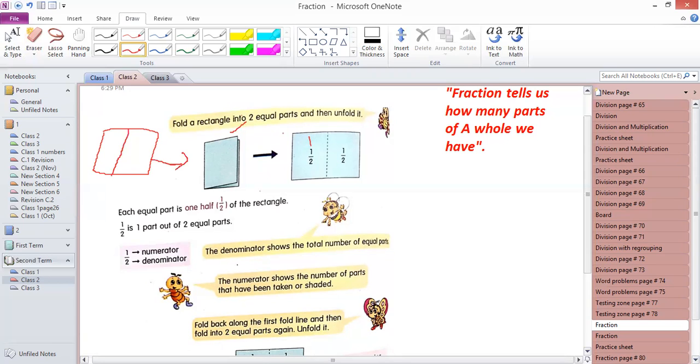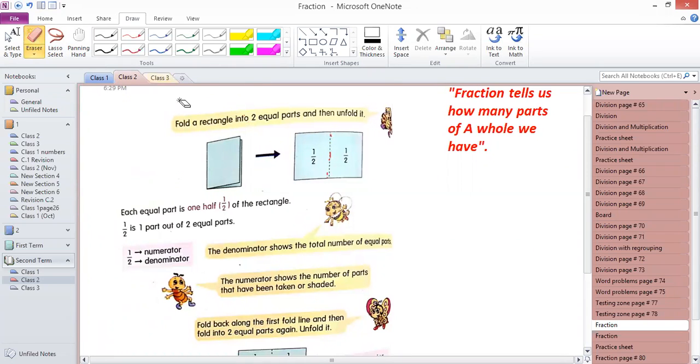After some time, when you unfold it, you will see that it is divided into two equal parts. For each part, you can say that this is half of the paper. And this is also half of that paper.